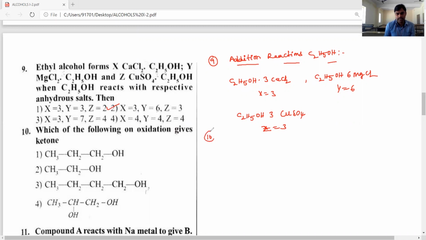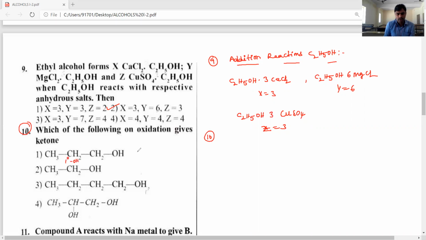Okay students, now let's see the 10th question. Which of the following on oxidation gives ketones? The first one is a primary alcohol.